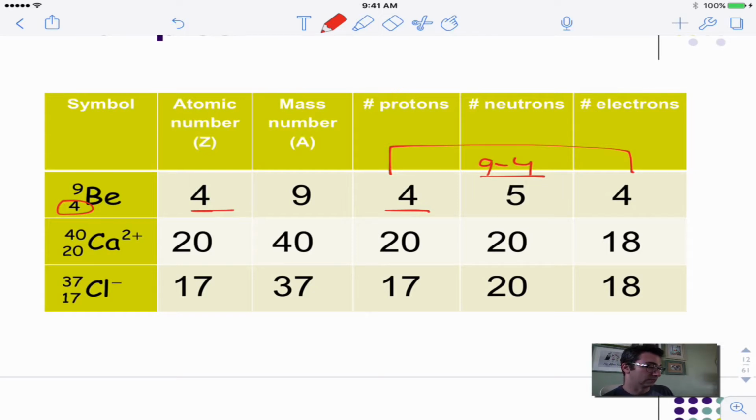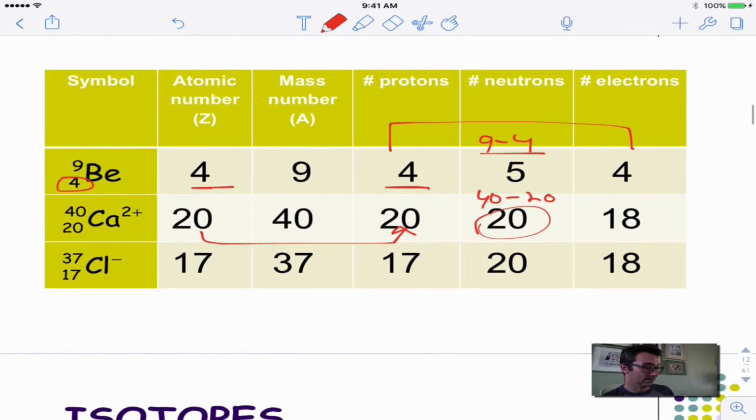If we look at calcium, the atomic number is 20. The mass number is 40. That means that we have 20 protons. 40 minus 20 will give us the 20 neutrons. It's a +2 charge, so it's lost 2 electrons, and because of that it now has a charge of +2, and it only has 18 electrons.